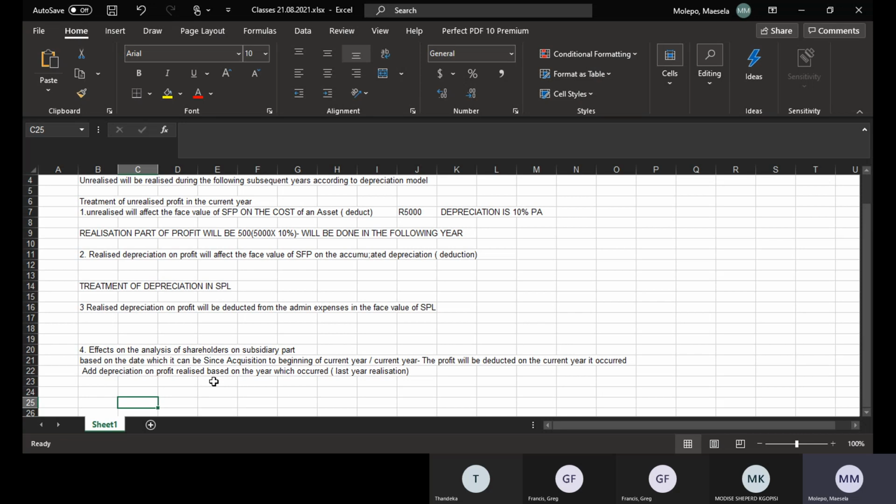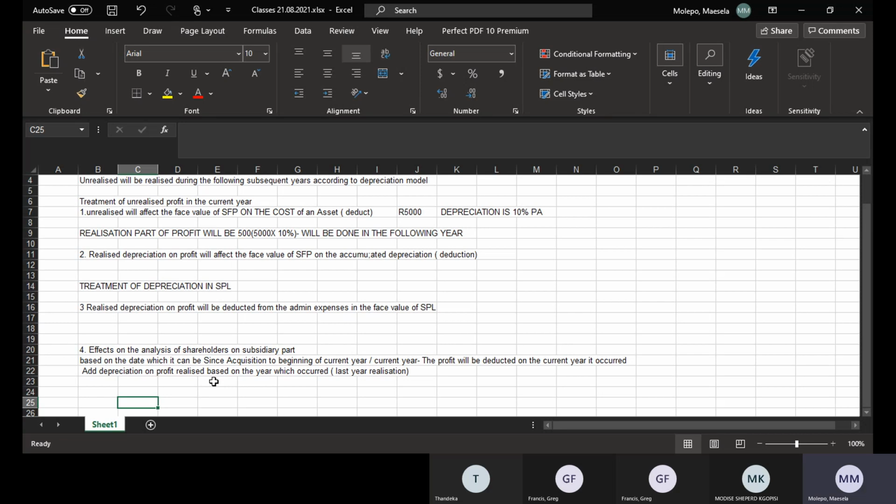So since on 1 January 2008, X purchased all machinery from Y, the cost price of the machinery of X is sitting on 14,000. So the profit will be 14,000 times 25 divided by 125, which will realize a profit of 2,800.